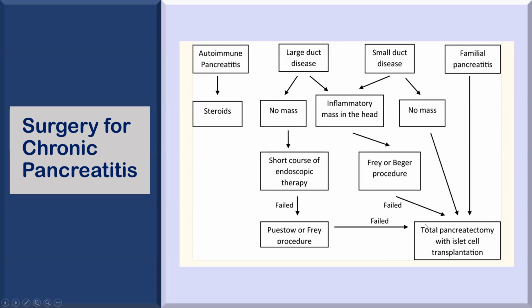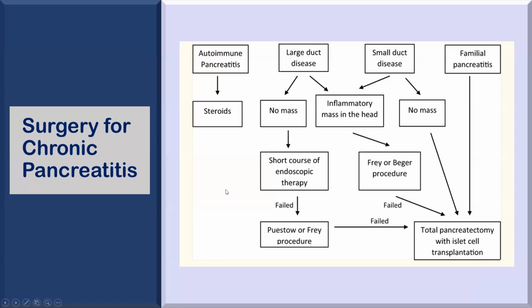And if there is extensive parenchymal calcification as opposed to ductal calculi: with ductal calculi, you open up the duct, take them out, and put a loop of jejunum on it, and they get better. But if there is parenchymal calcification, which means the inflammatory process is very high, then you have no choice but to do a total pancreatectomy, followed by islet cell transplantation.